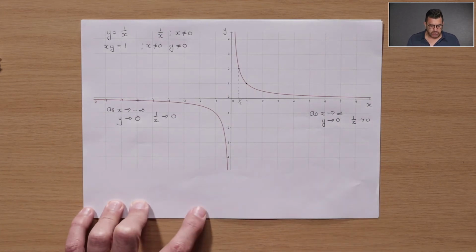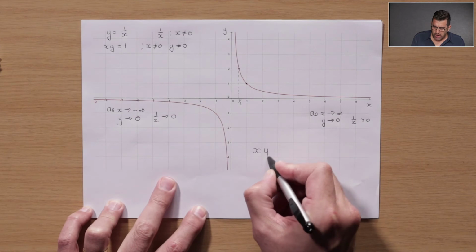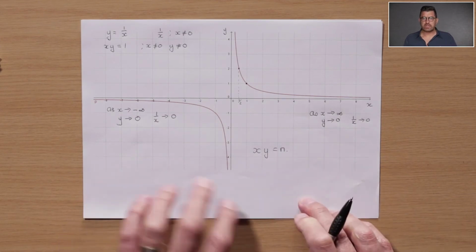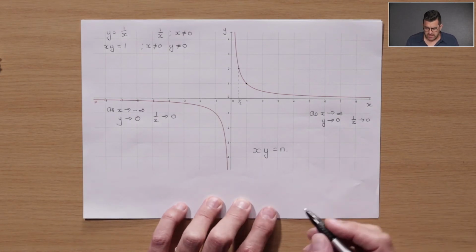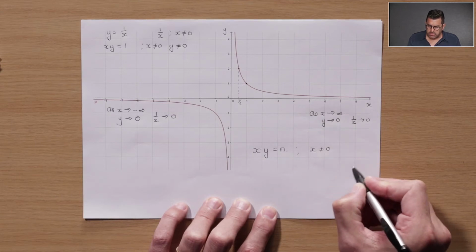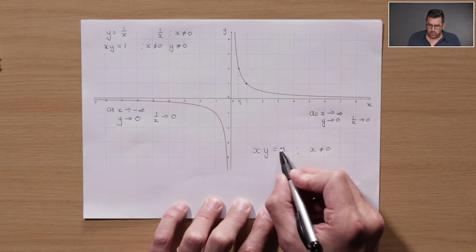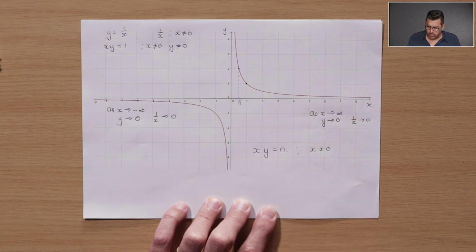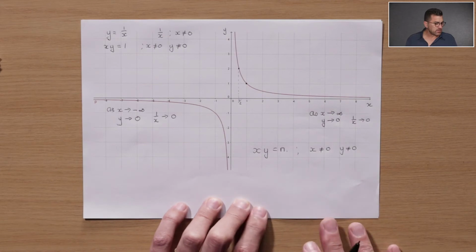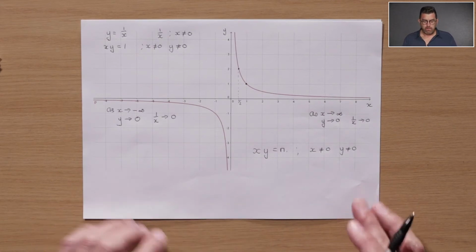So in general, if I have xy equal to n, where n can be any number, then I must remember my x can't be 0, because n is never 0. It's a number other than 0. So in the product, those two values cannot be 0. That's important to remember, and we call that the behavior of the graph.